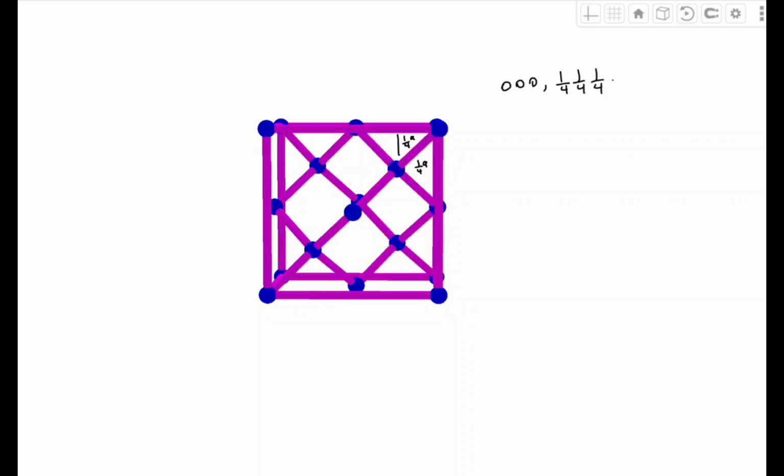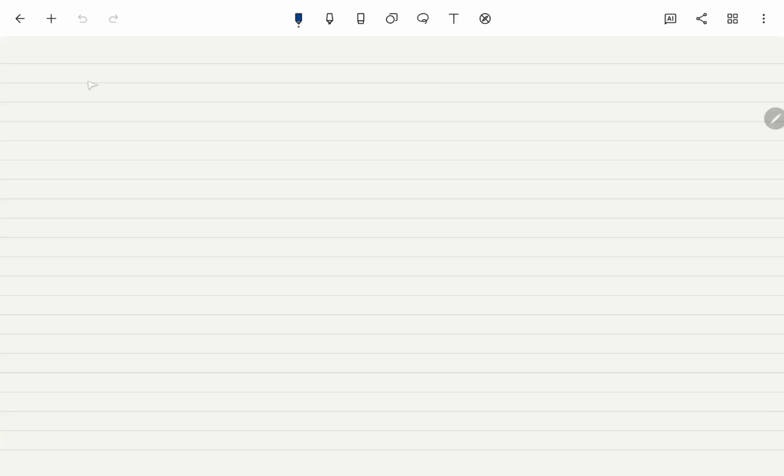Let's calculate the packing fraction for diamond. Now, if we just take a piece of this diamond structure, take the base atoms like this one here, this, and this. Now the distance here is half A, and the distance here is half A as well.